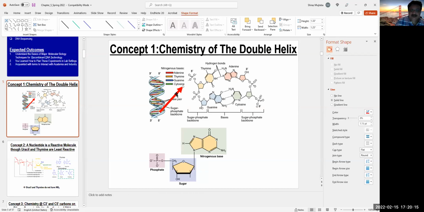One of the most essential features of DNA is its stability, right? The stability of DNA comes from 2 things. One is that the nitrogenous bases are stacked one above another.